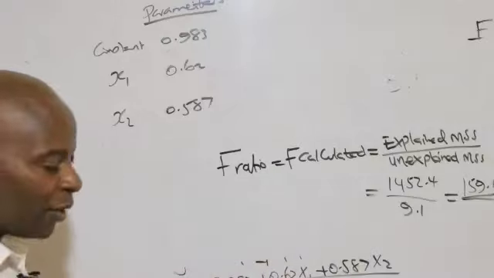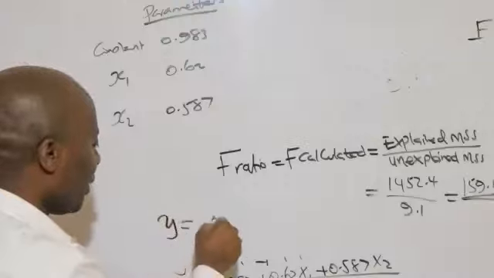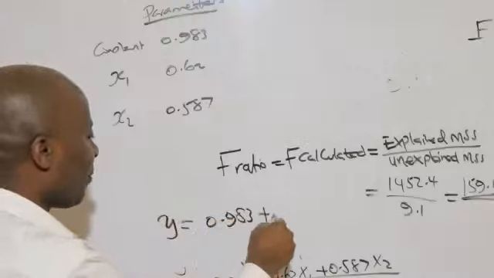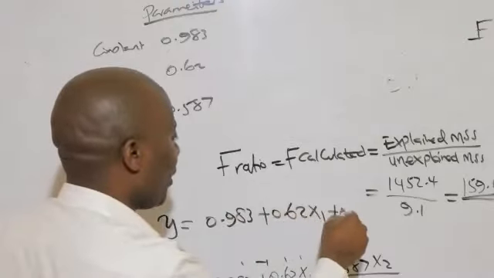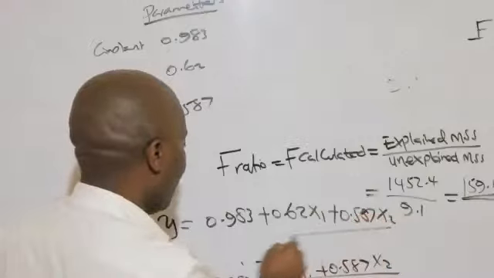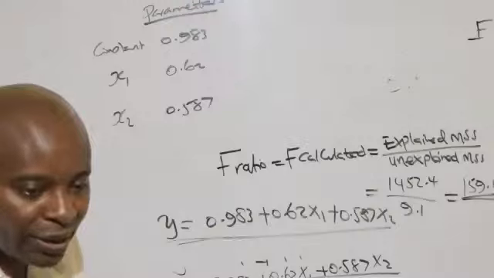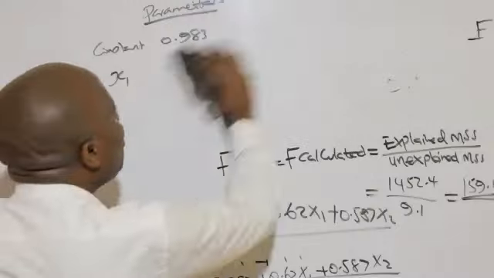Remember, our equation here is y equals 0.983 plus 0.62 x1 plus 0.587 x2. Now we go to the explanatory power.